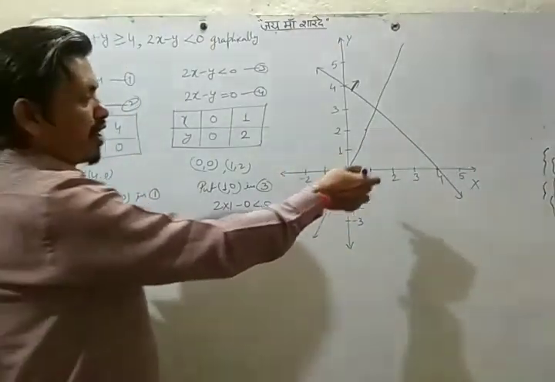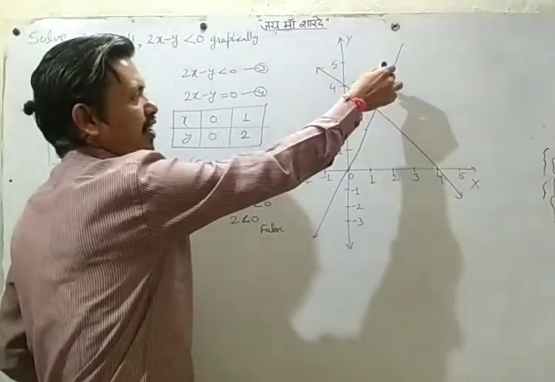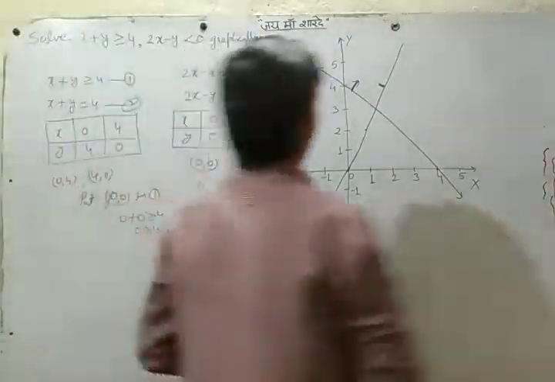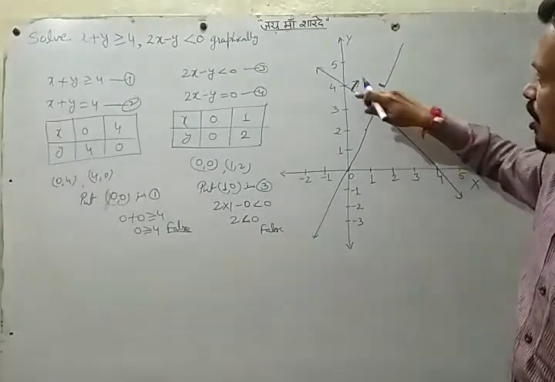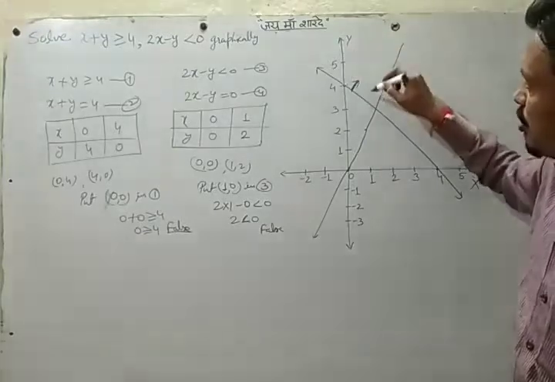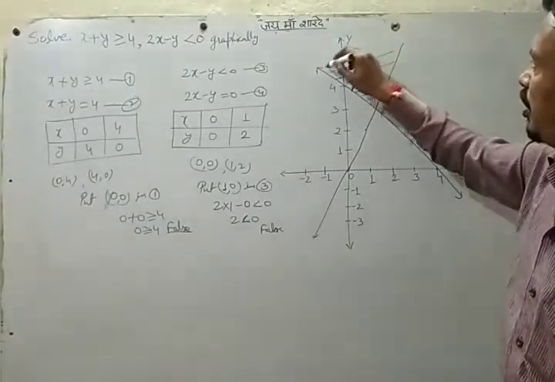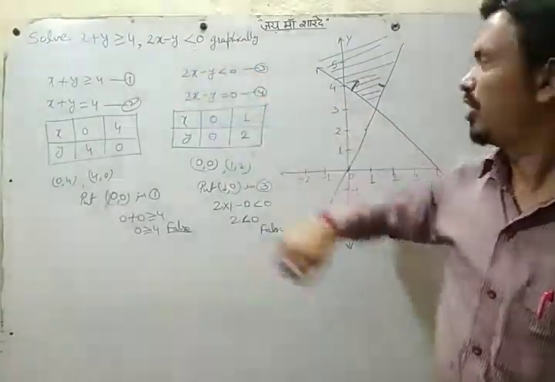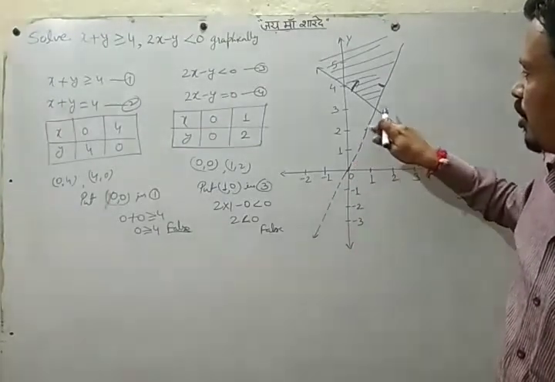Its graph: (1, 0) is on this side and it is false. So what can you say? Above this line, this side, is our required solution for this inequation. So its solution is above this line, here. The common solution will be this part. One thing here: it is a strict inequality, so for this line you have to make a dotted line.